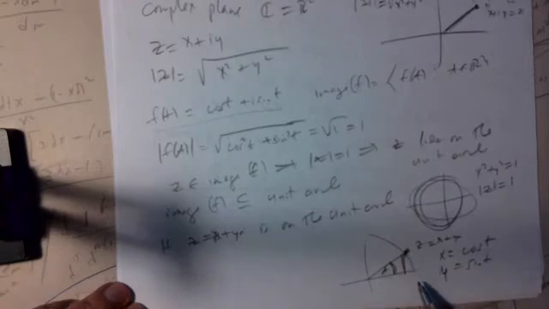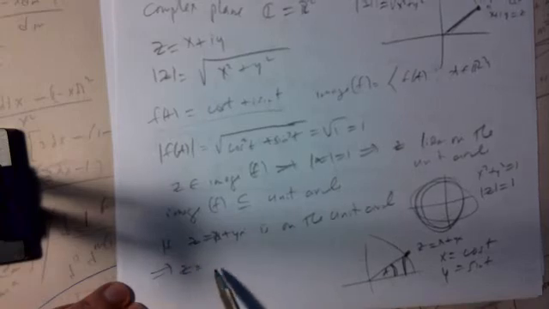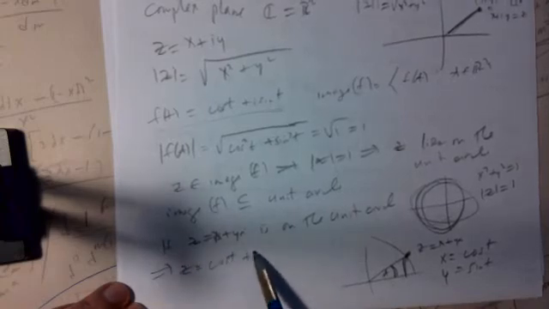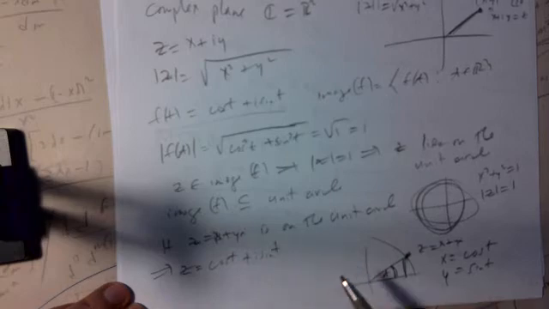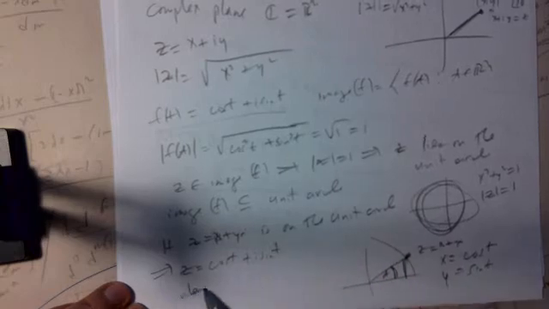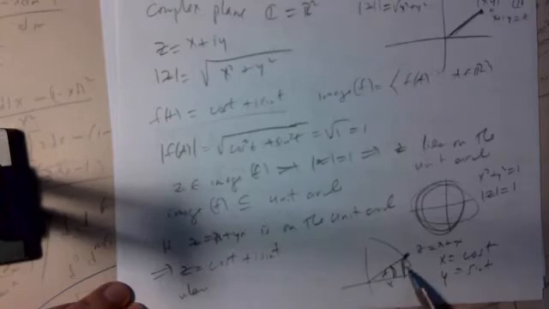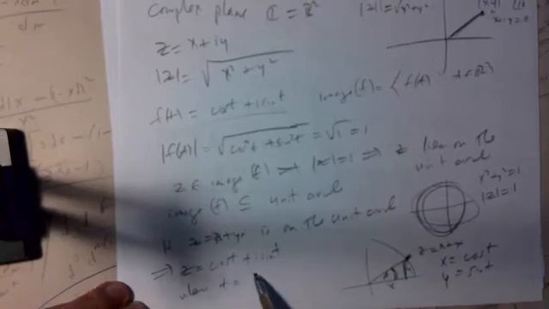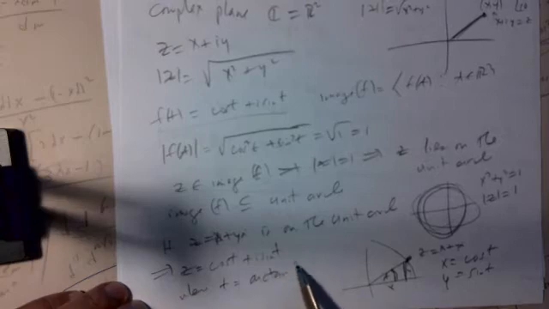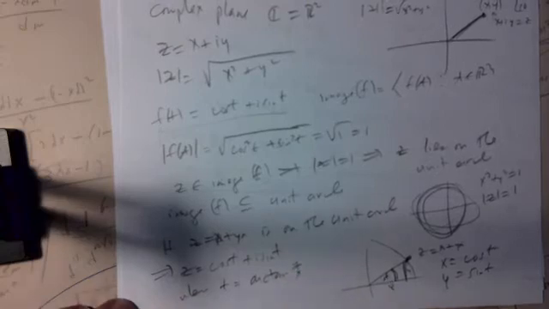So every point on the unit circle is cosine t plus i sine t. In fact, what is t? This is x, this is y. t is the inverse tangent of y over x. That's this angle.